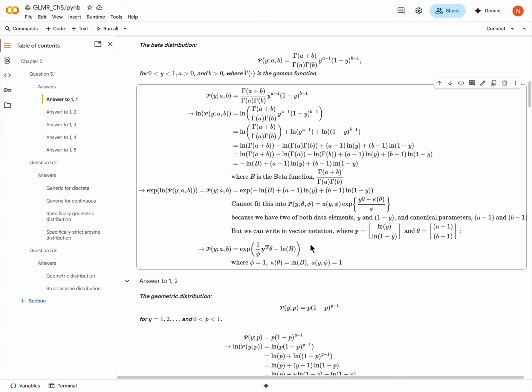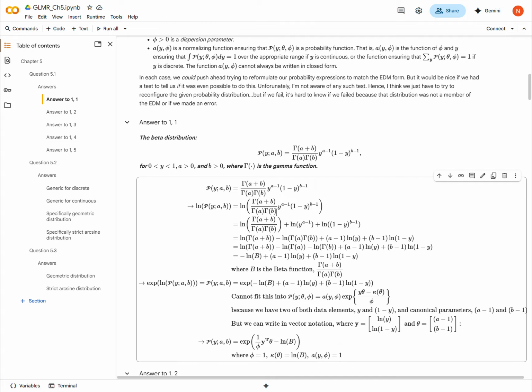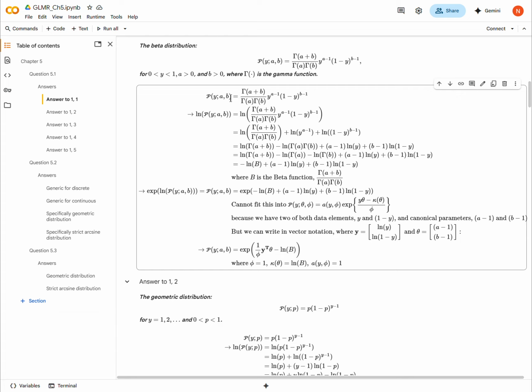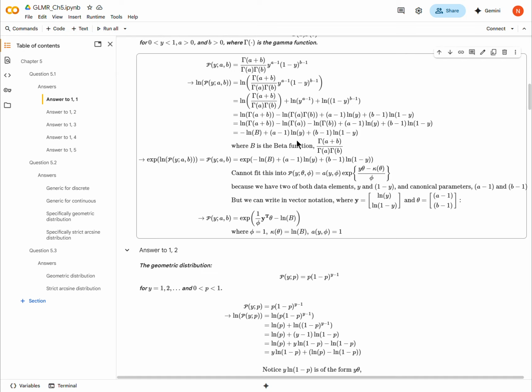And so I think that this right here is actually probably an acceptable way to write the beta distribution. Now, in the next questions, 2 and 3, we are meant to answer some questions about the distributions from question 1 that could be put into EDM form. I do not do the beta distribution going forward, but I think that it can be put into EDM form, just using some vector notation.